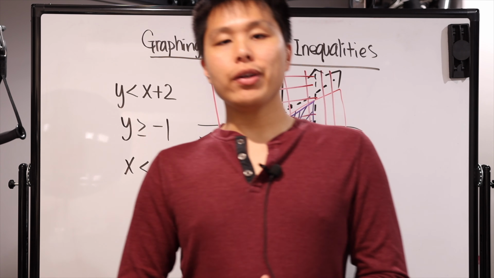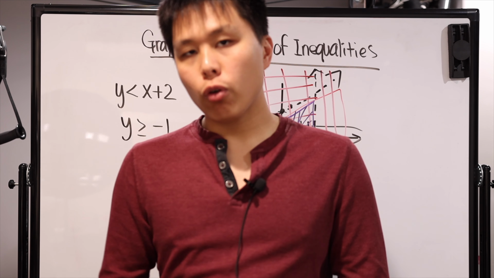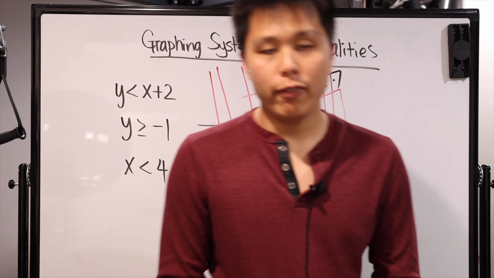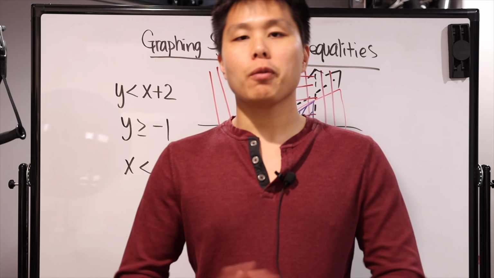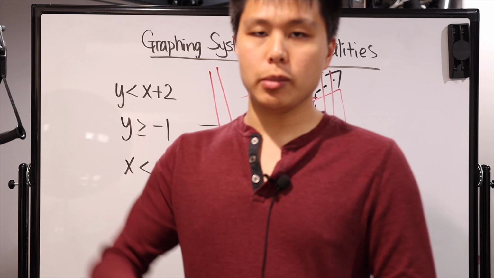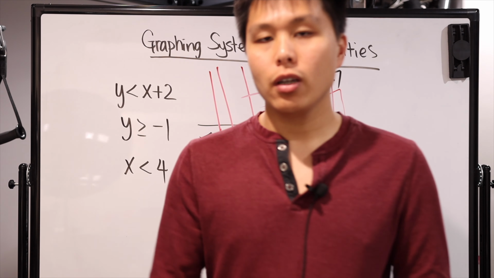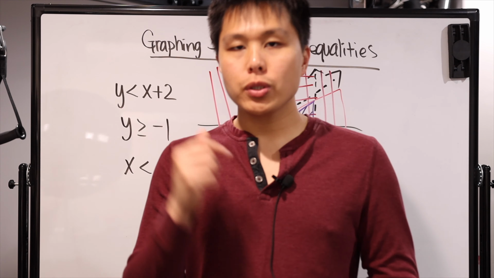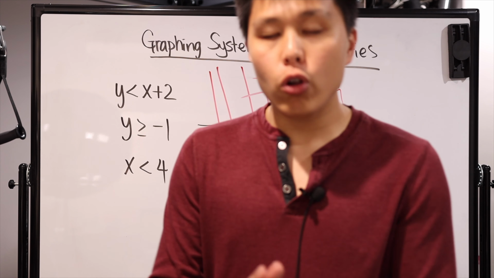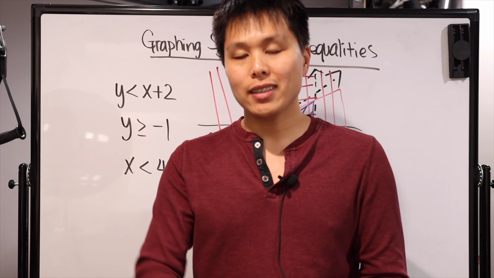All right, so there you have it. That is how you solve and graph a system of inequalities. Unlike systems of equations, I actually do prefer graphing systems of inequalities because it shows you an entire region, meaning that any points you pick within that region will satisfy the condition for all of the inequalities in that system.